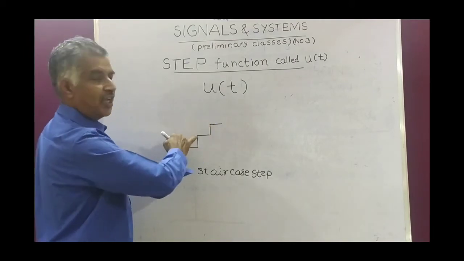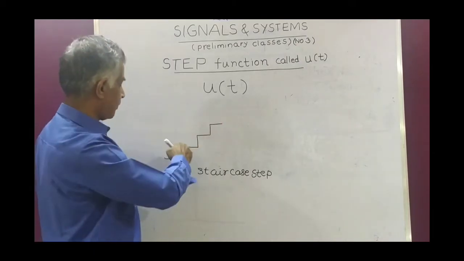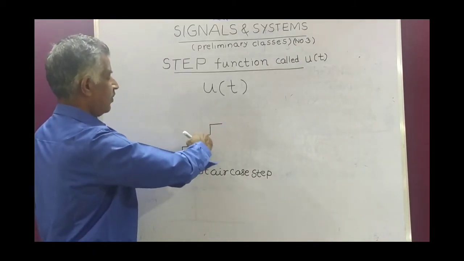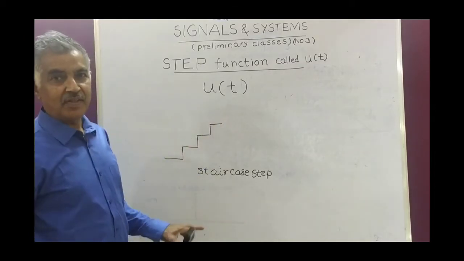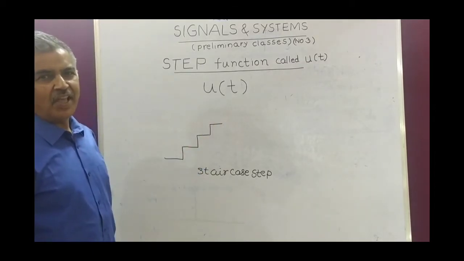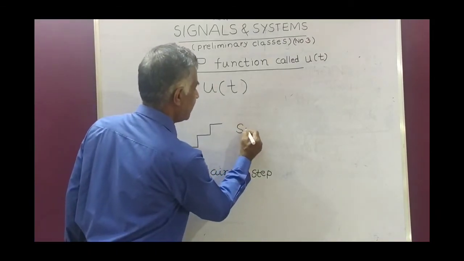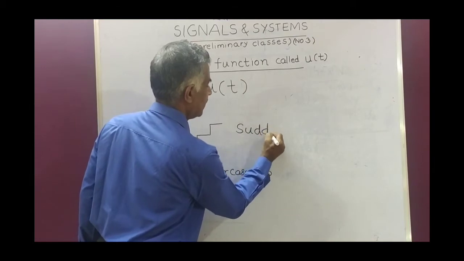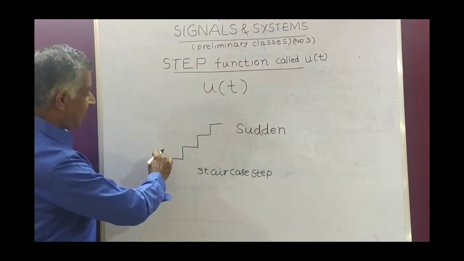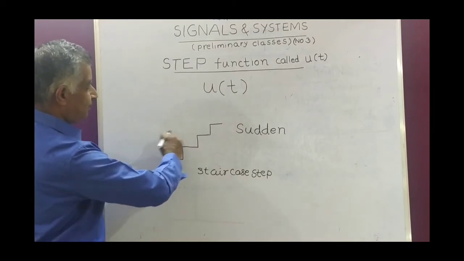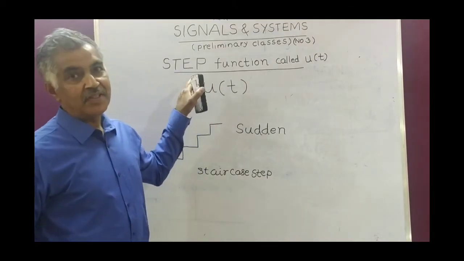A sudden change in level occurs in the case of staircase steps, from here to here, from here to here. So what is a step function? Step function means a sudden change, all of a sudden. All of a sudden there is a sudden change in height, is it not? So this basic function is called the step function.